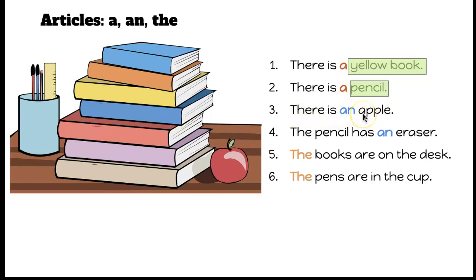A is the first letter of the noun apple, and eraser starts with E. So we use the article an. And the last 2 sentences, the nouns are plural. Books, and pens, so we use the article the.